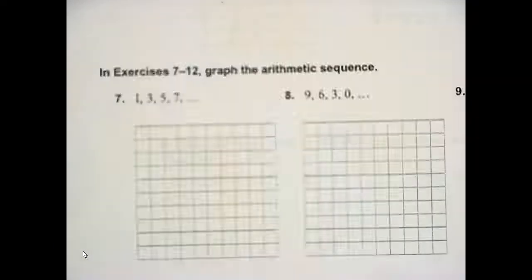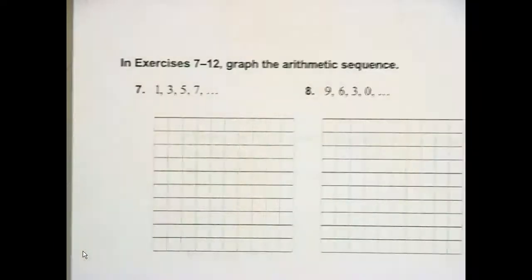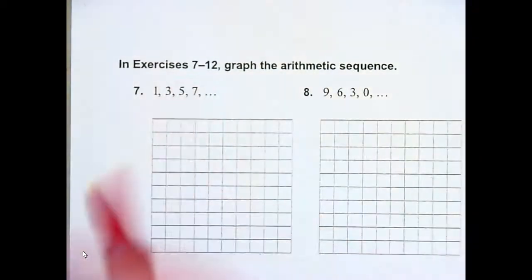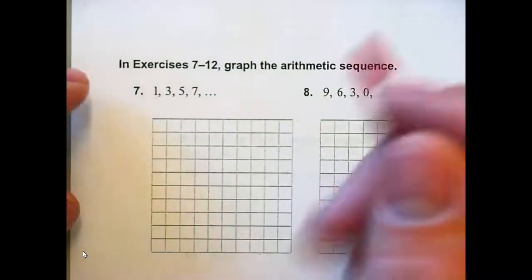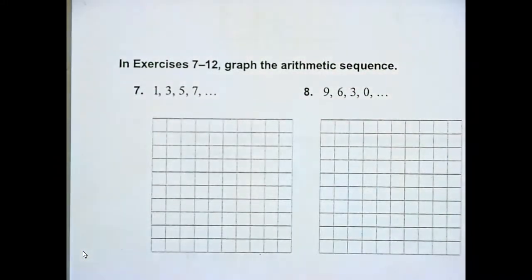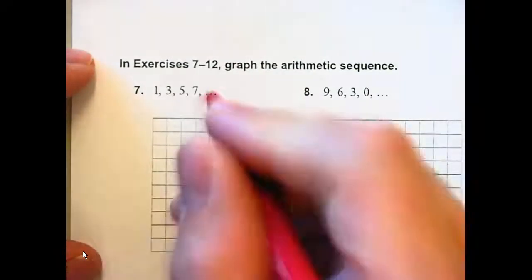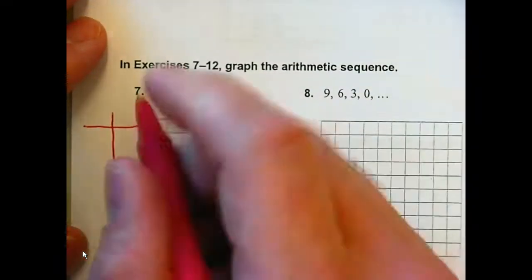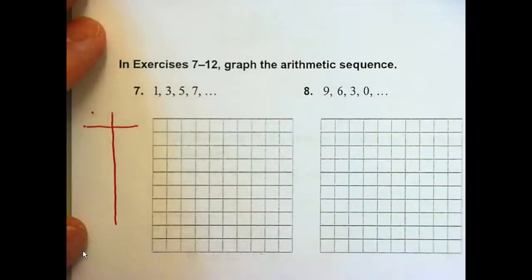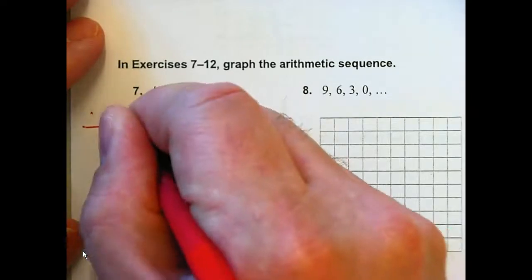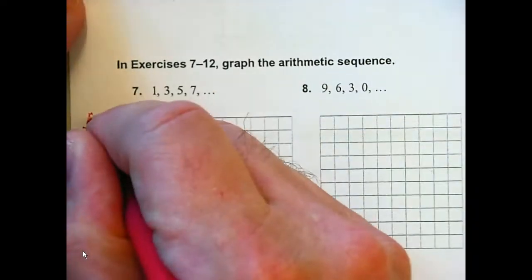Numbers 7 through 12 here. I want you to take a look at number 7. You have been given a sequence. That sequence has how many terms in it? Tell your neighbor, please. 4. If I was to make a table on this, I would be able to set up my table as a sub n here, and this would be n right here.